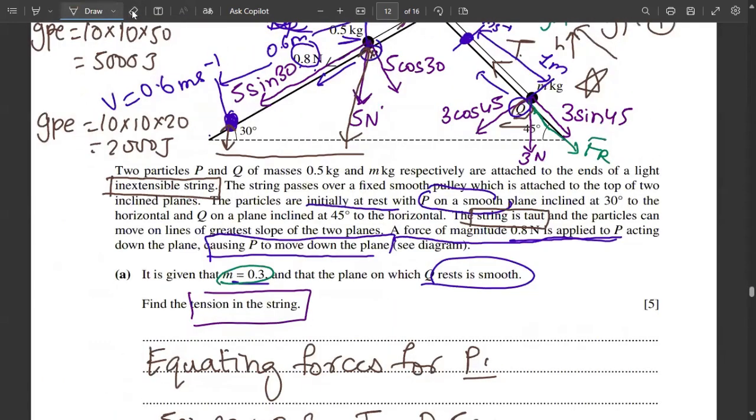Okay. So I just want to see the angle. This is 45 and this is 30. So I will draw this here.